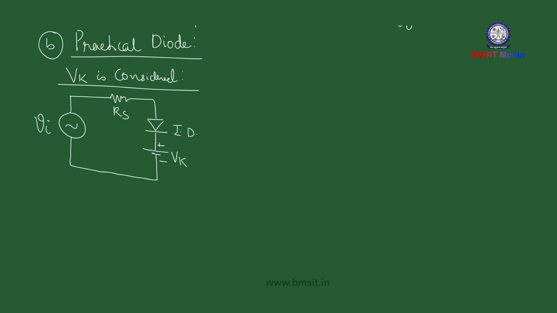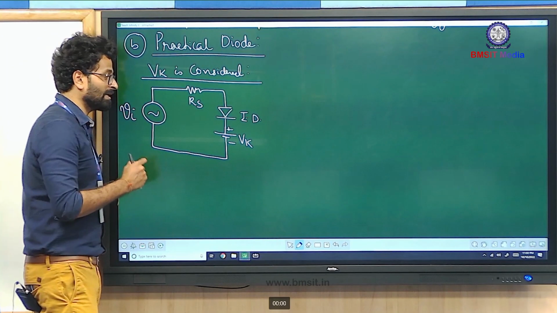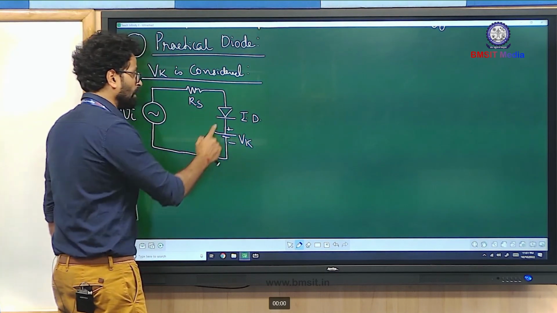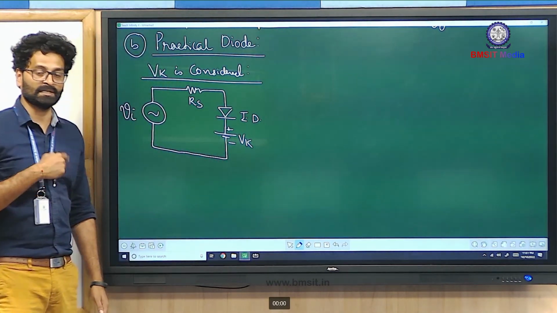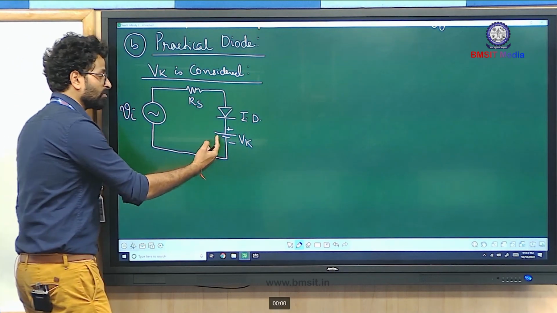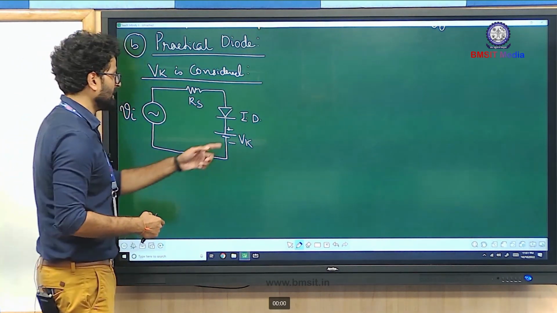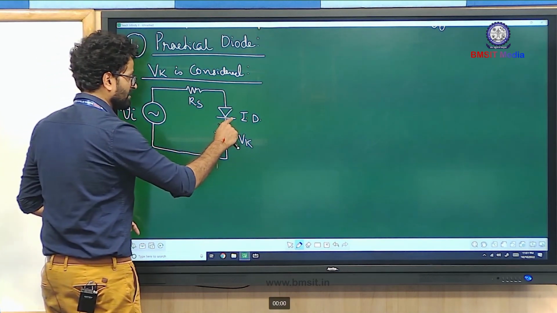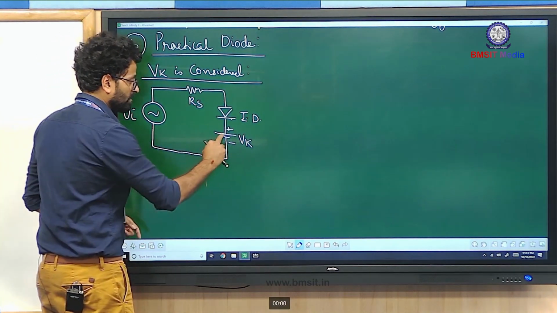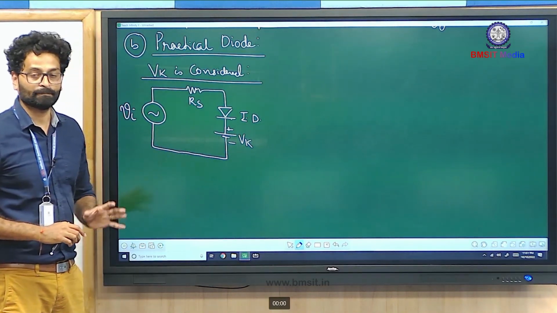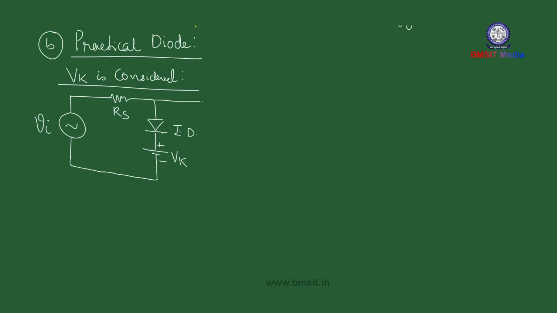Note that Vk is placed in such a way that it always opposes the diode conduction. That means the property of barrier potential is to keep the diode in reverse biasing mode, and that's what it does. That's why the cathode terminal of the diode is connected to the positive terminal of Vk, because Vk keeps the diode in reverse biasing mode.